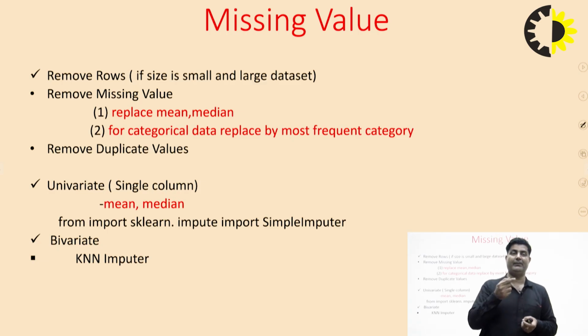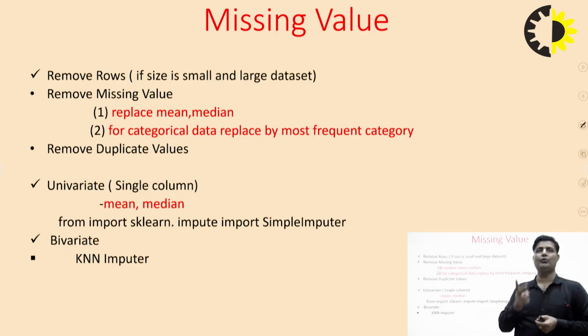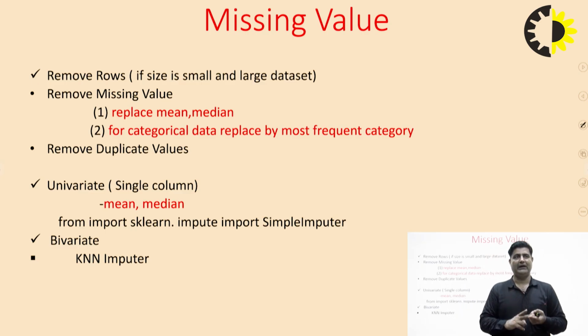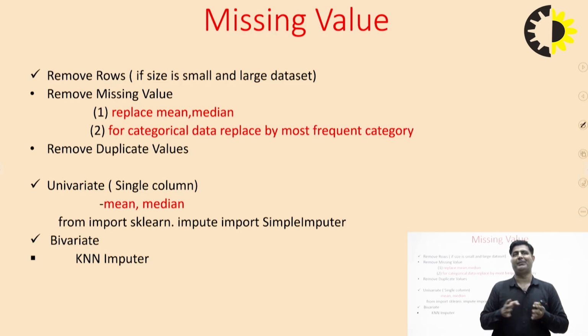For example, if we check the male-female ratio in a specified column and find that male is used the maximum number of times, we fill the missing value with male, the most frequent value. So we have two approaches: for numeric values, we use the mean, and for categorical data, we replace with the most frequent value. Then, the third step, we remove the duplicate values.